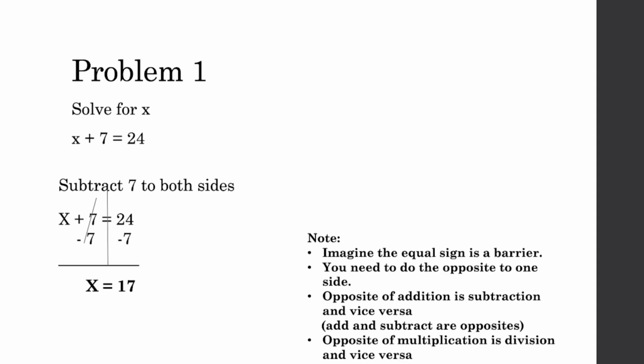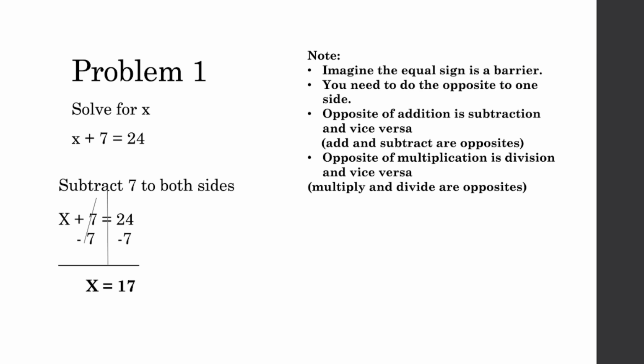That's pretty much it. And keep in mind, like I said before, imagine the equal sign is like a barrier or a gate. And you want to get to the other side, so you want to do the opposite to one side. Opposite of addition is subtraction and vice versa, meaning that the opposite of subtraction is addition.